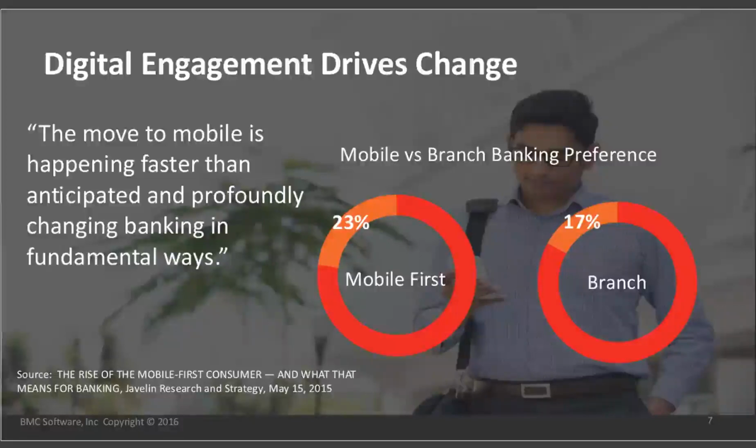But as Javelin found, they said the move to mobile, number one, is happening faster than anybody had expected, and it's profoundly changing banking, not just the applications that are being used, but it's changing the banking business. And we'll talk a little bit more about that with an example of how that can happen and why digital can drive more activity, but there's a question of what it's doing in terms of driving the business.